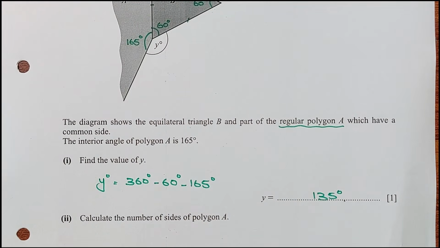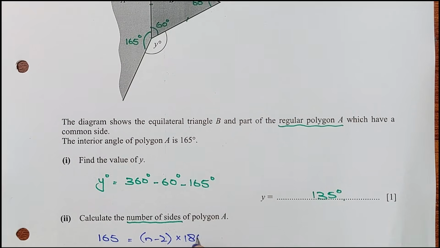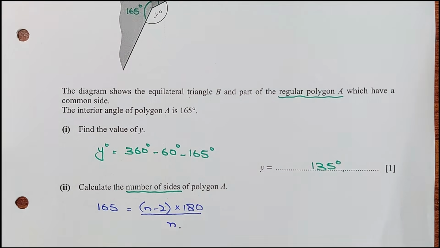Right. Now for the second part, calculate the number of sides of the polygon. We are given the measure of each interior angle of the polygon, 165. This equals (number of sides minus 2) times 180, divided by the number of sides. Cross multiplication: 165 times n equals 180n minus 360.